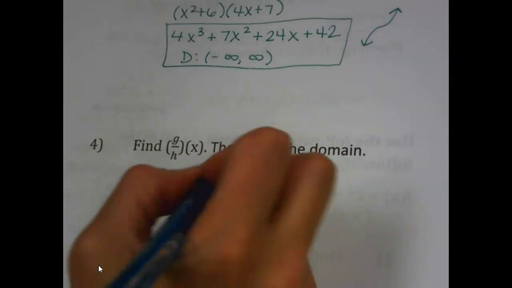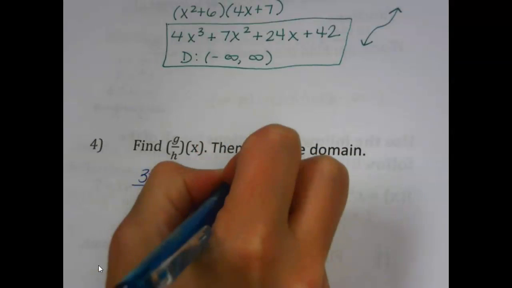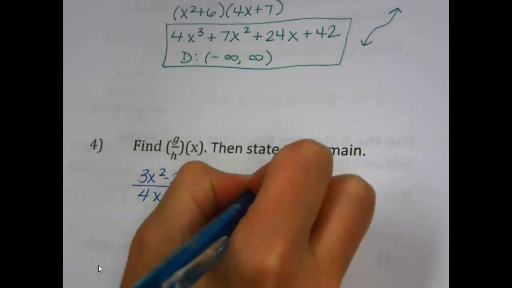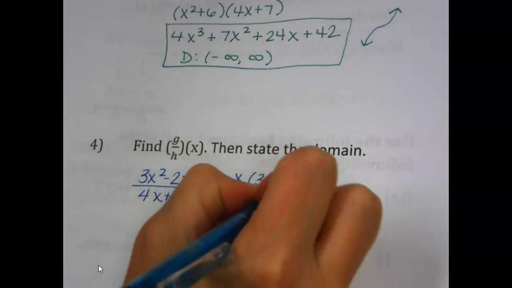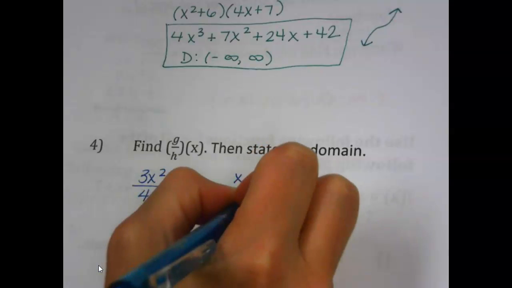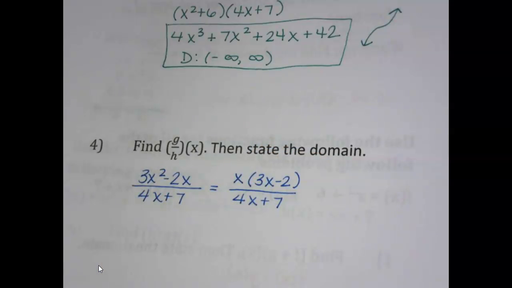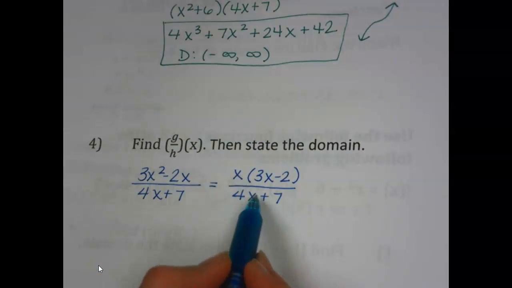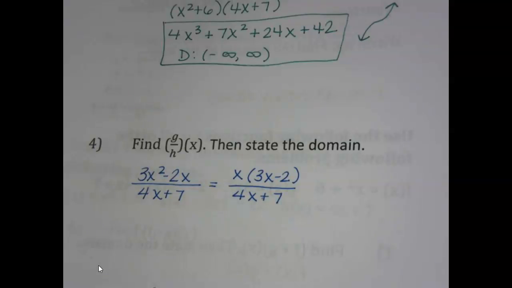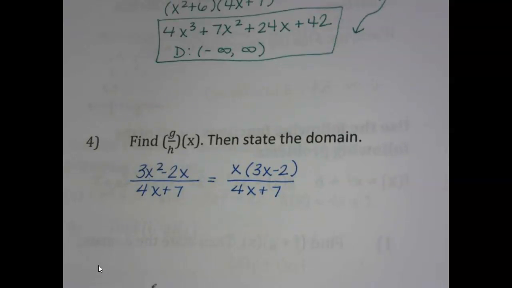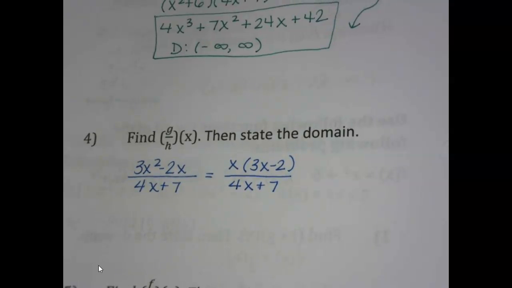So if we look at our numerator, we can see a GCF of x that we want to take out. Our denominator doesn't factor at all. And we cannot simplify these x's because of this plus sign here. So we just leave it factored like that, but we can't simplify anything on this particular one.